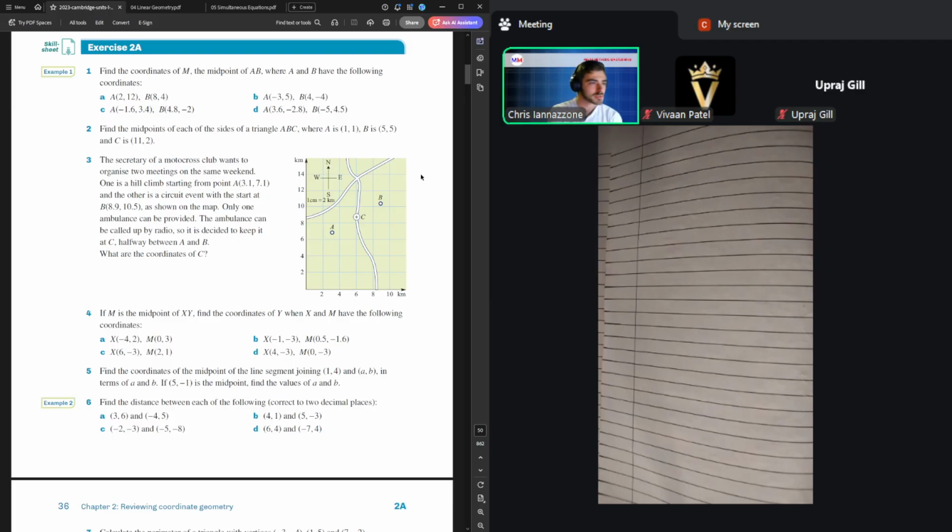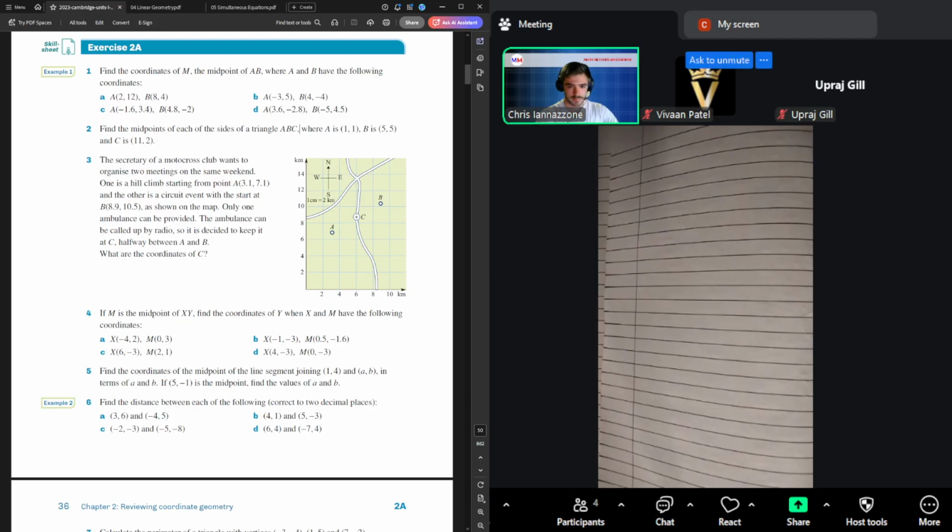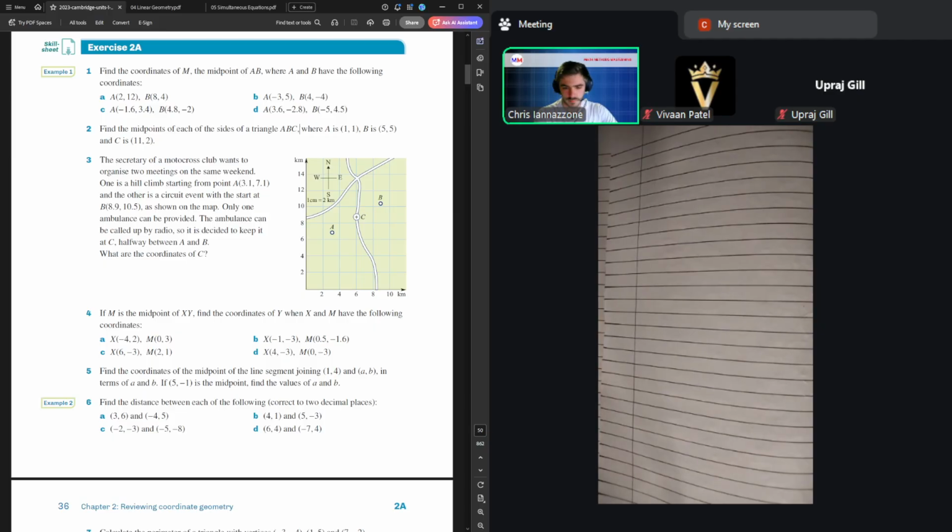Just find the midpoint between those 2 points. If you need a copy of the book of your own, let me know. You should all have one though.